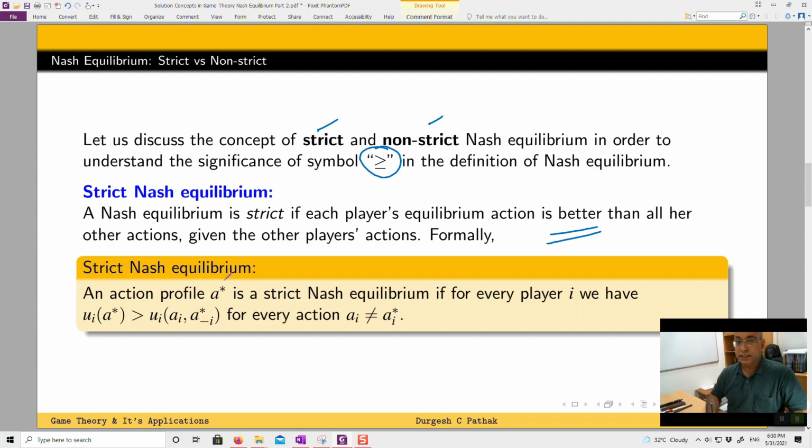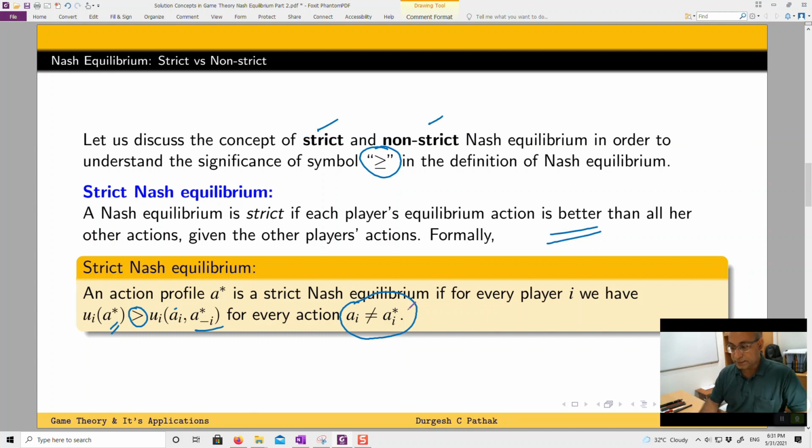Formally, an action profile a star is a strict Nash equilibrium if for every player i, the payoff to player i when he plays a star is strictly greater than the payoff when he plays any other action while other players stick to their actions. This is important: a_i is not equal to a_i star, meaning the equilibrium action is different from all other actions, and the payoff he gets from the equilibrium action is strictly greater than from any other action while other players stick to their actions.